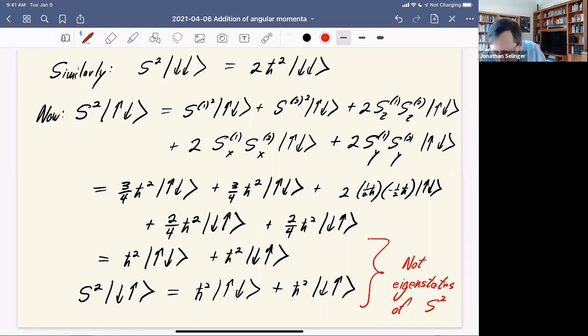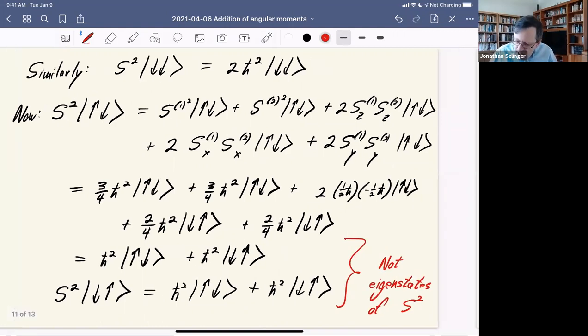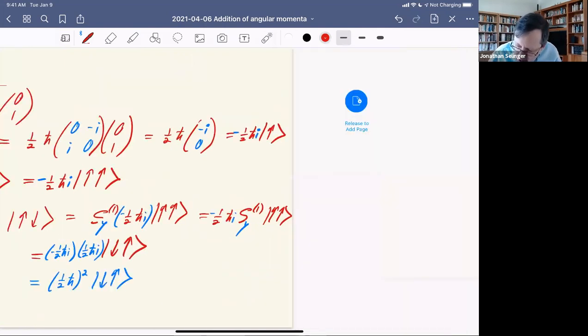And that is not true for the state up down, and it is not true for the state down up. But even though these things are not eigenstates, we can take linear combinations of these two states and construct eigenstates. Okay, so let's do that.